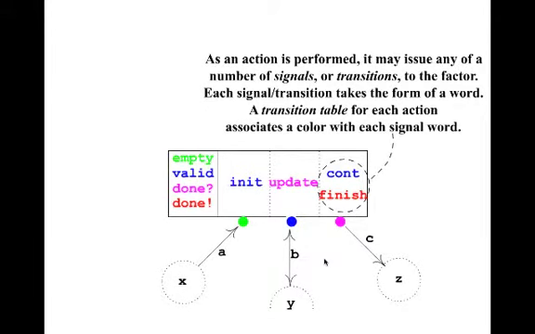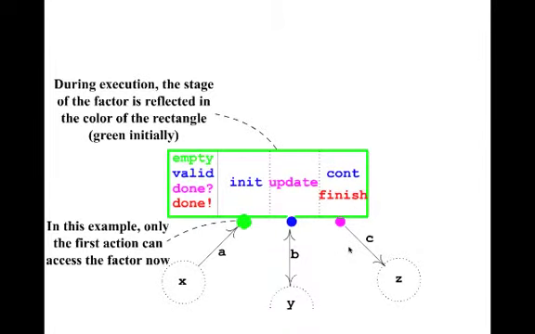In addition to those, we have transition bindings. What these say is that when this activity issues this transition name, it will change the color of the control state. So X, when it issues an init, will change this resource to valid, because valid is the blue control state, etc. So we can kind of illustrate that.